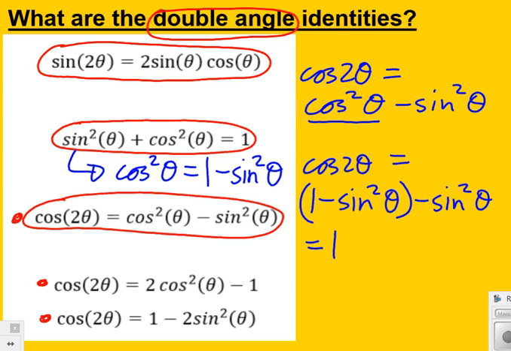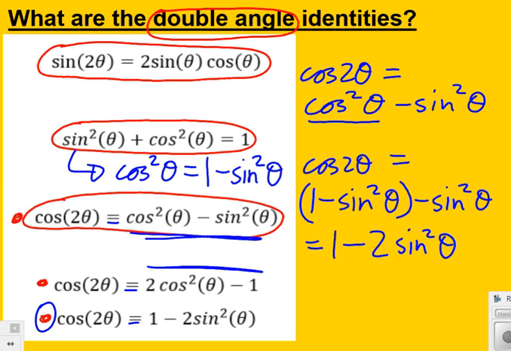In other words, 1 minus 2 sine squared theta. And the other identity for cosine 2 theta can be proved in a similar way. All of these are in the information booklet. And because they're identities, we can replace cosine 2 theta with any of these 3 things. And we can replace sine 2 theta with this.